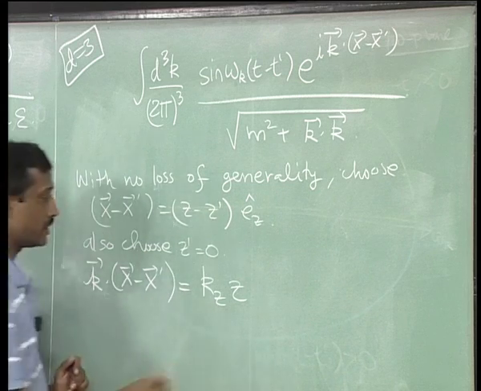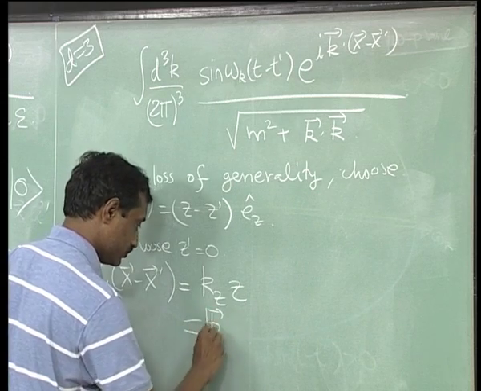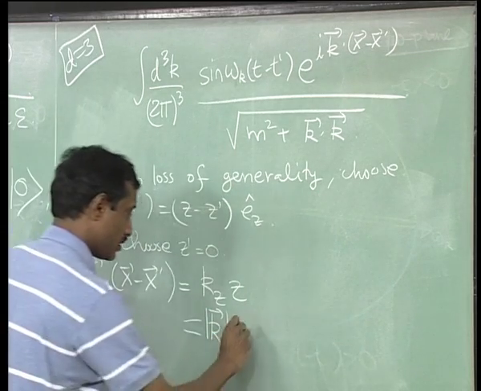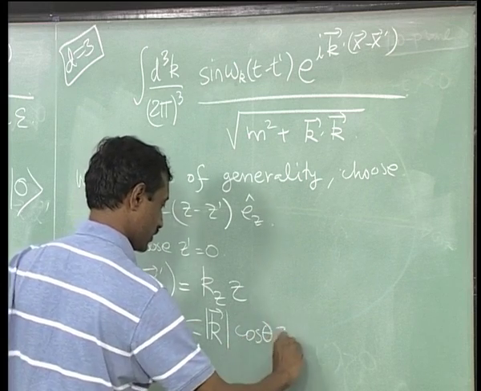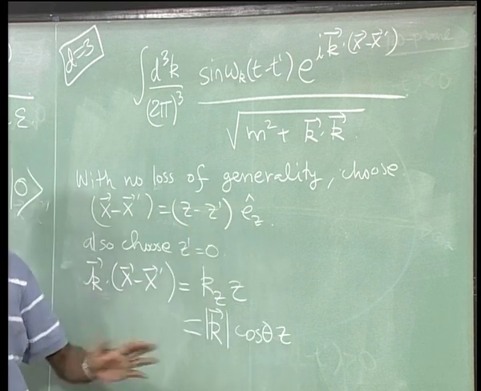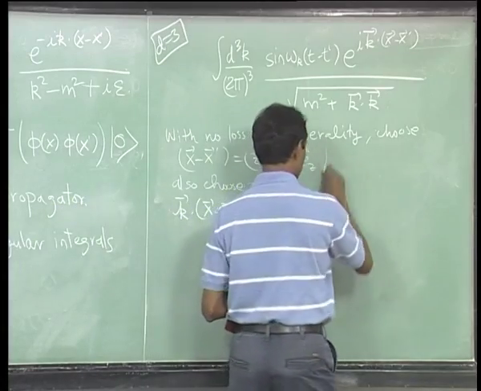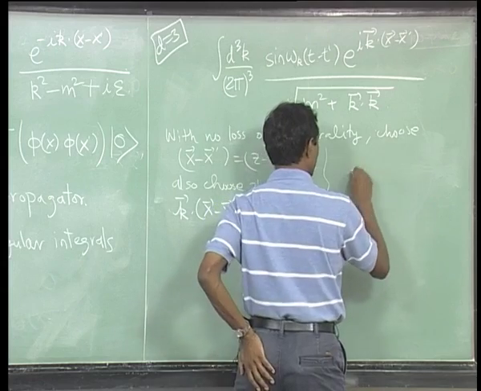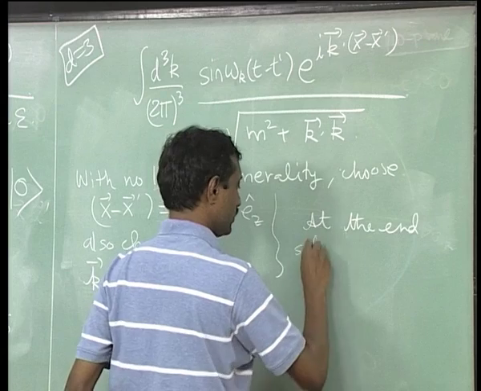But k z can be written as the magnitude of k times cosine theta, times z. At the end of the day, mod z will become mod of r minus r prime. So, to recover the whole thing at the end, set z to that.